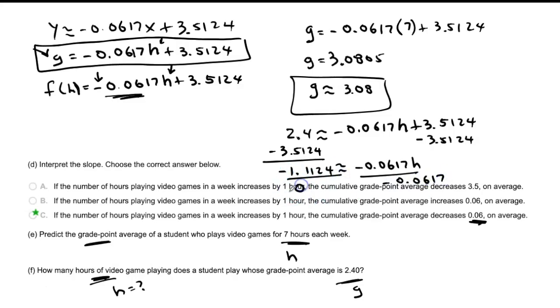I apologize that I'm writing on top of the line, on top of the 617. So I have negative 1.1124 divided by negative 0.617, and I get that H is approximately equal to 18.03 hours. Let's round it to 18 hours. Okay.